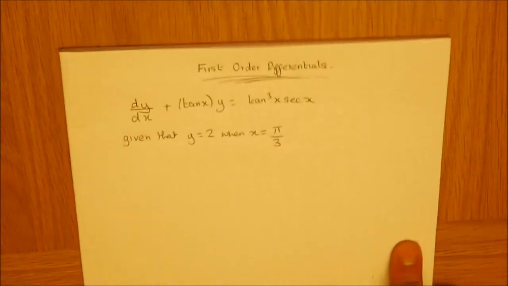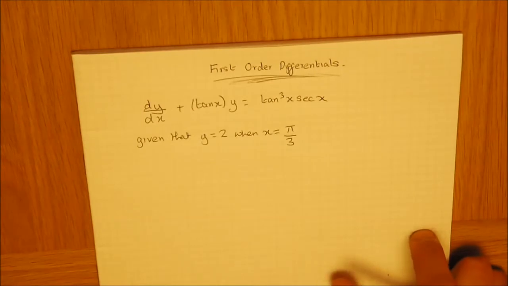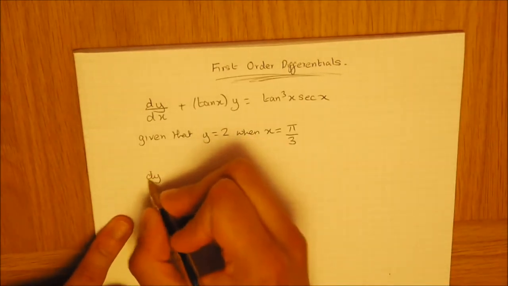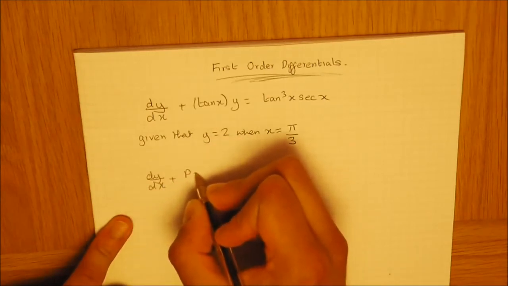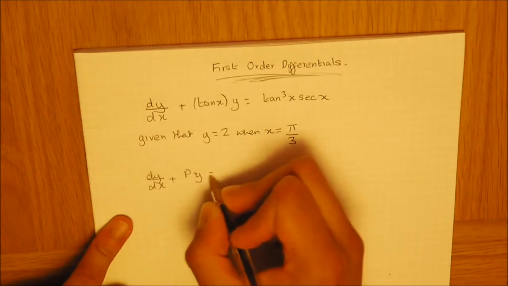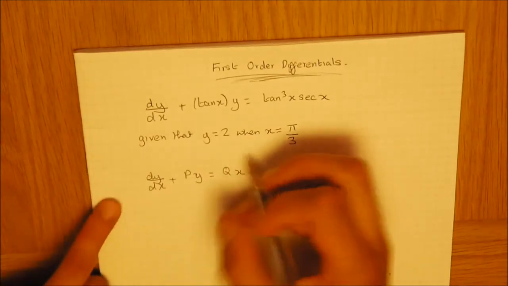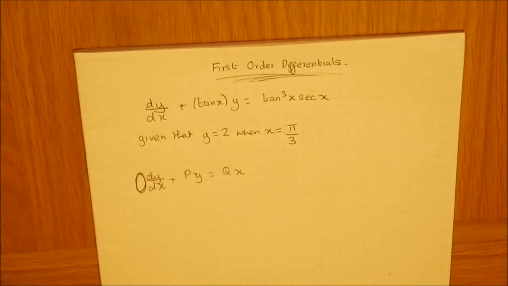Before you start doing anything, you want to make sure that every first order differential you ever look at is in the form dy/dx plus P y is equal to Q, effectively. What this means is that there is no value before the dy/dx. That's really important.